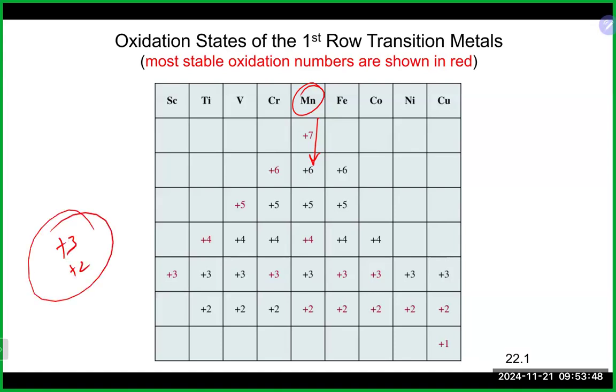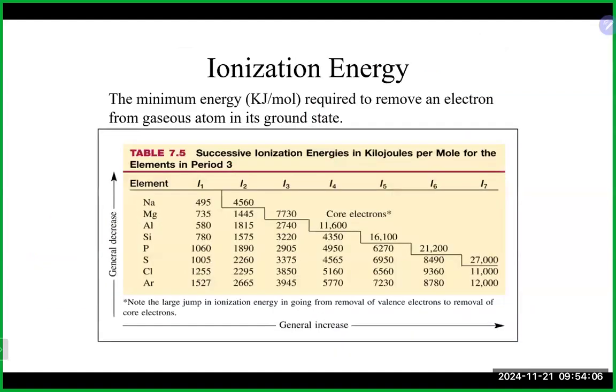You can see as you go down the first row of transition metals, oxidation states peak at Mn and then work their way back down. But again, 2s and 3s are very common oxidation states for our transition metals, but they obviously can do more.